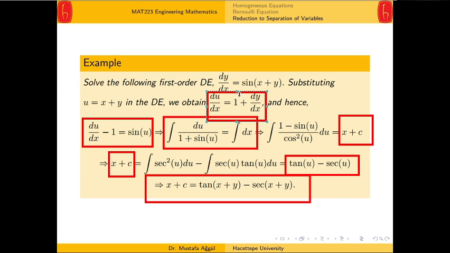This would be really a tough one, but this substitution makes life quite simple, and we could solve this differential equation using it. This helped us a lot.